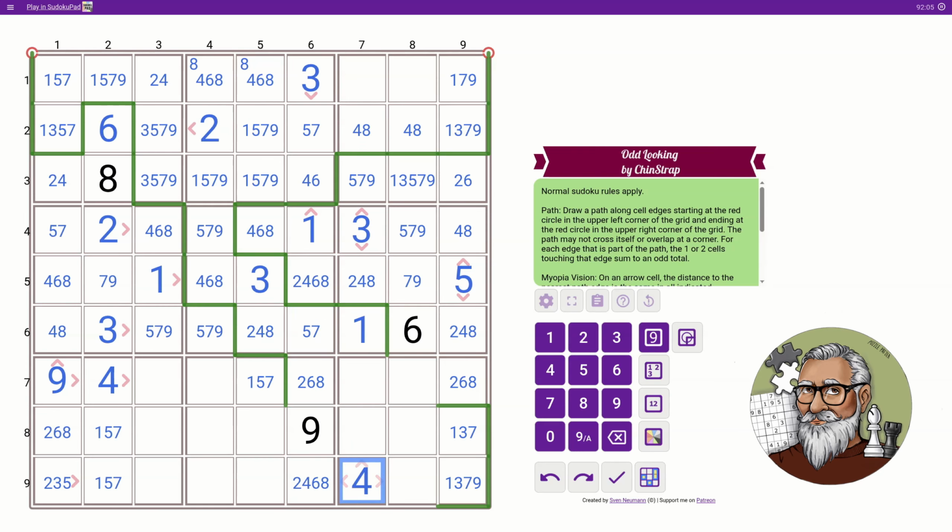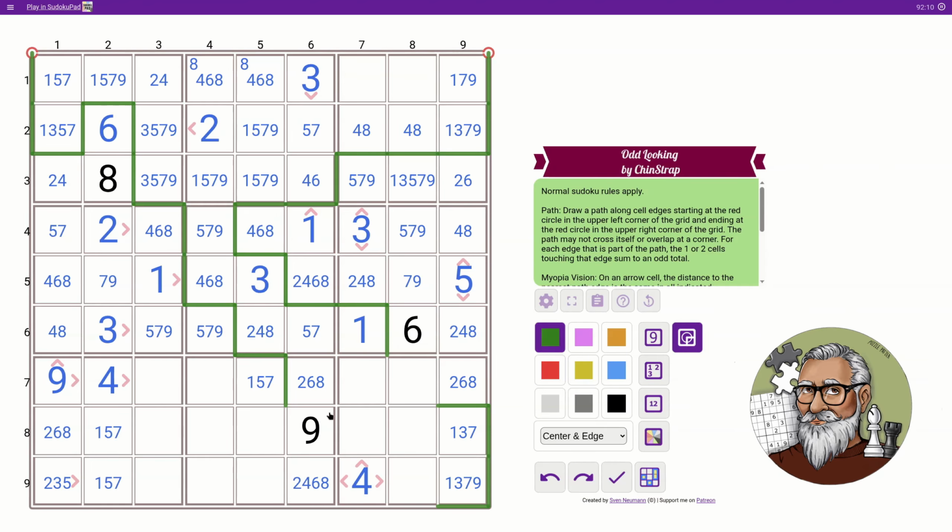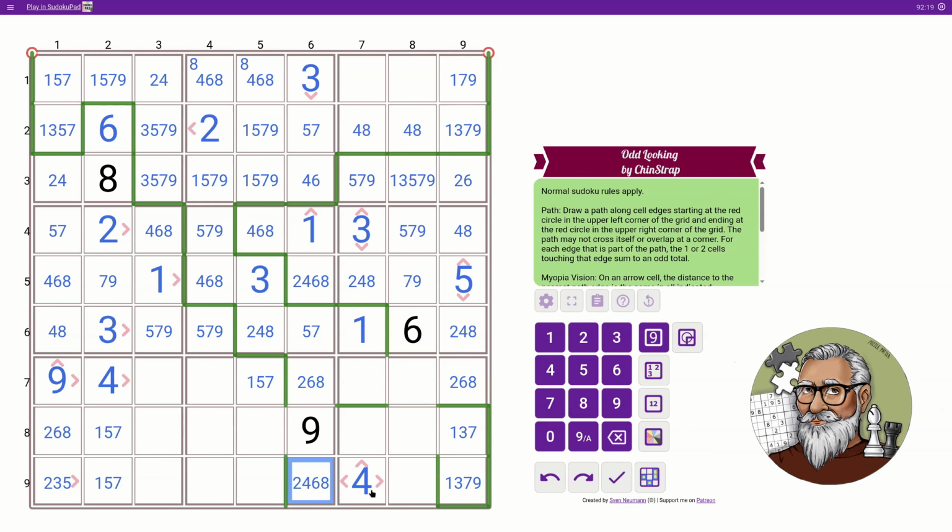Ah, that's what I needed. That's not 4 anymore. That's from 1357. That's from 2, 8. This can't connect here, right?